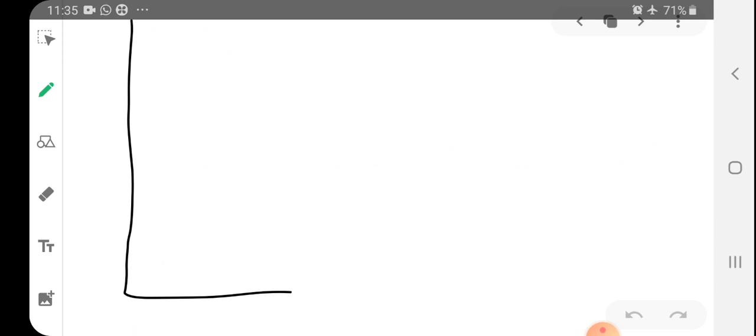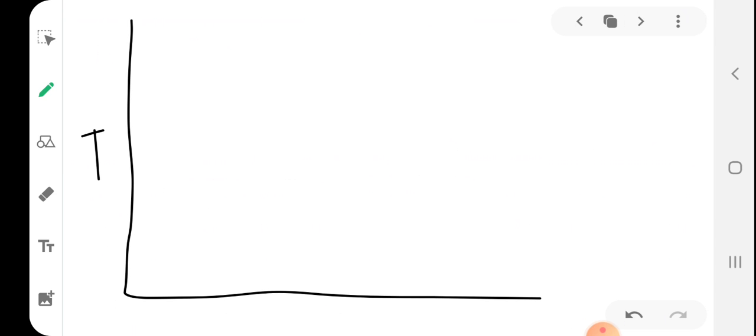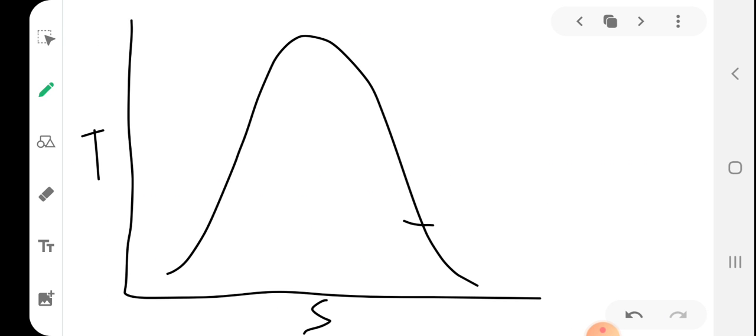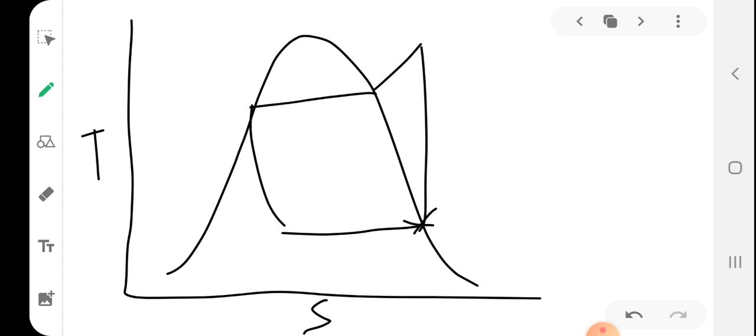So students, here I am drawing the TS diagram. This is a simple saturated cycle, right? A simple saturated cycle will be like this: 1, 2, 3.